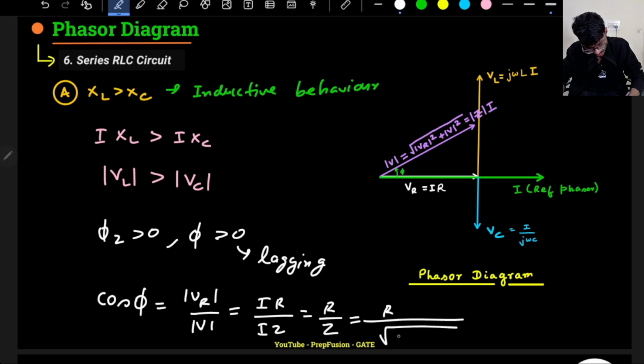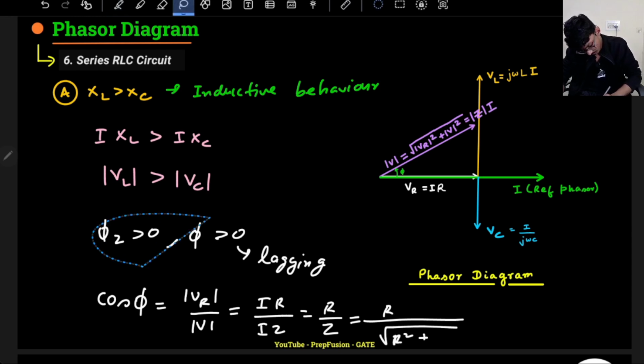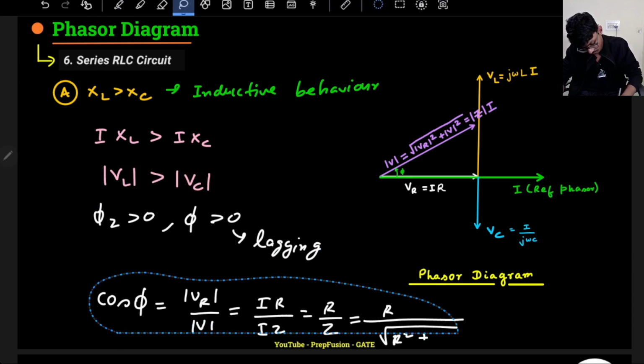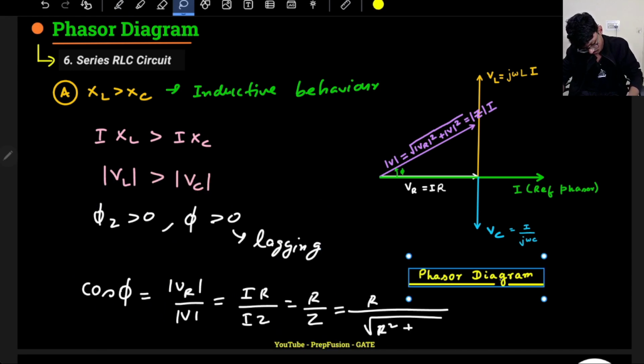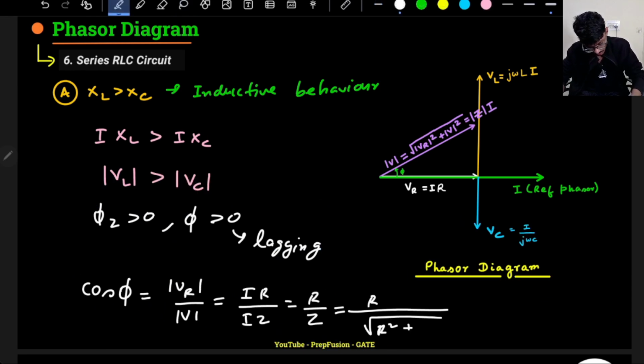What is the Z? Z is square root of R square plus (omega L minus 1 by omega C) whole square.